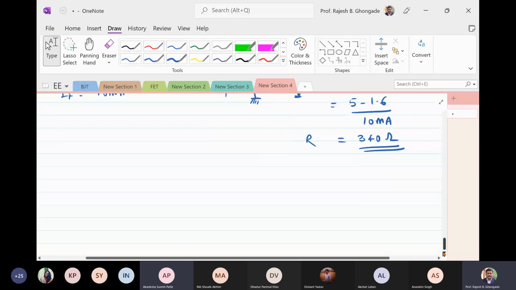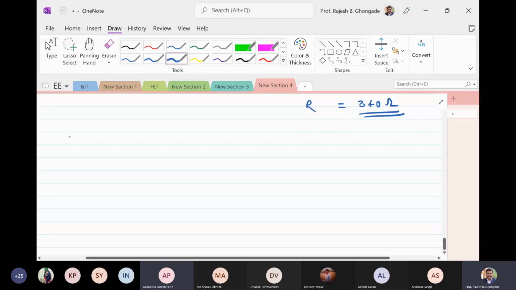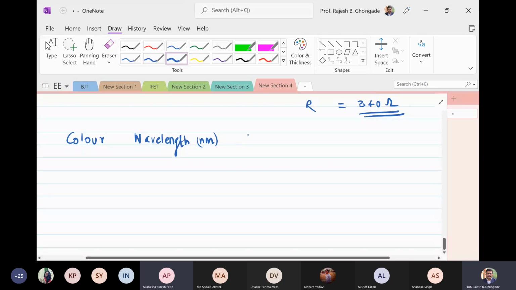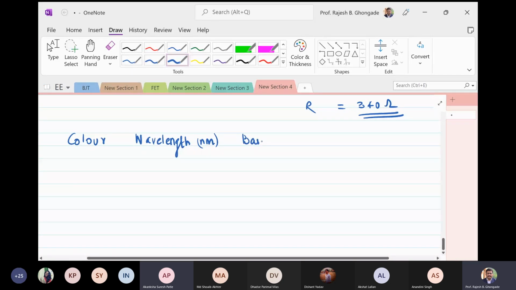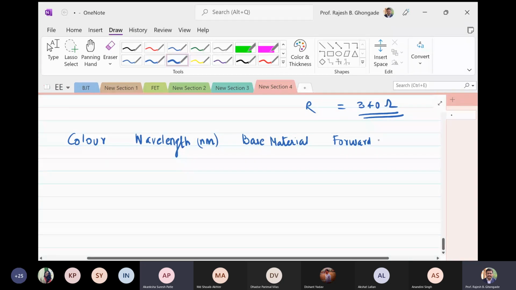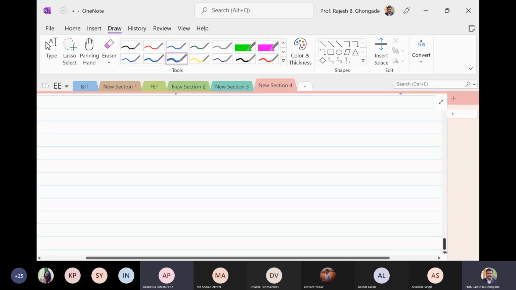So I'm going to give you the table for the color, the wavelength in nanometers, the base material, and most importantly the forward voltage drop. By referring to this table, you can calculate the resistance value.